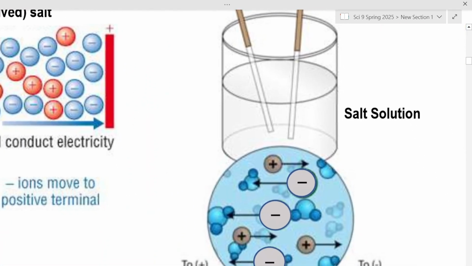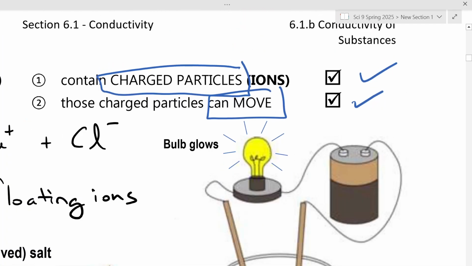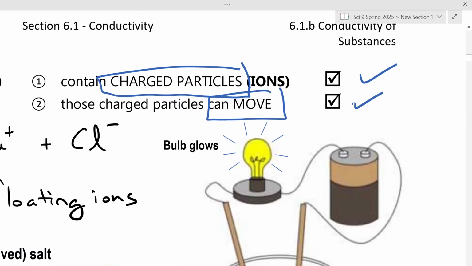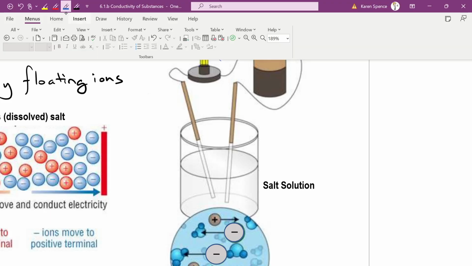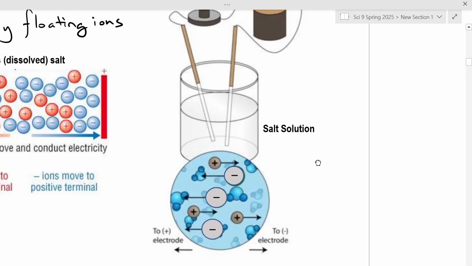You can see here we have a battery. And, dang it, what did I do with my pen? There it is. And we have our salt solution. And in our diagram, the negative ions are moving to the left.